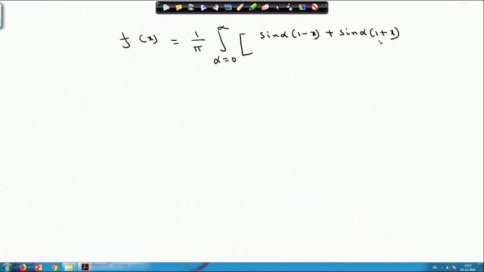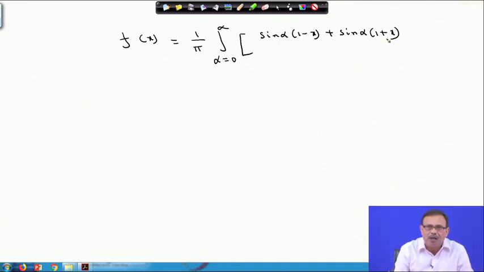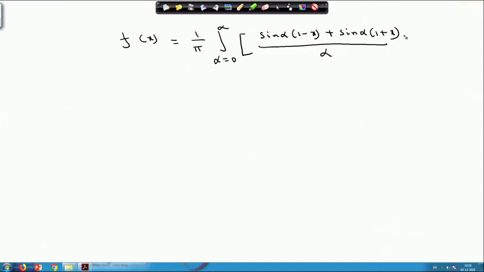The term was minus sine alpha into (minus 1 minus x), which becomes plus sine alpha into (1 plus x), divided by alpha, d alpha. So it is in the form of sin C plus sin D. So this equals 1 by pi into 2, from 0 to infinity, sine of alpha into cos of alpha x by alpha d alpha.